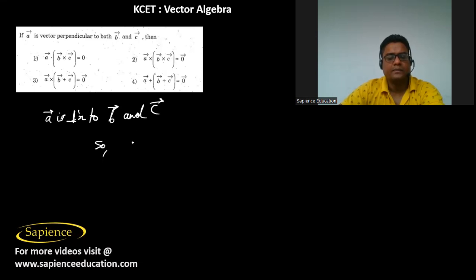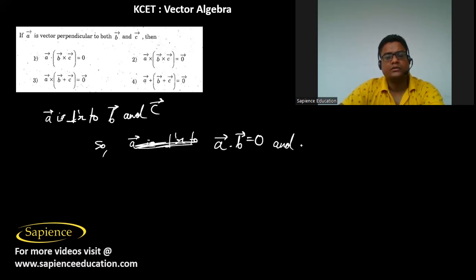So I can say that a vector is perpendicular to any vector that lies in the plane of b and c. So it means that a dot b is 0 and a dot c is also 0.